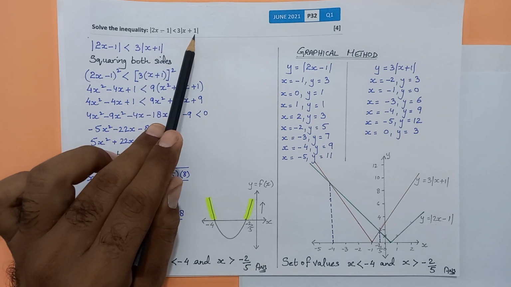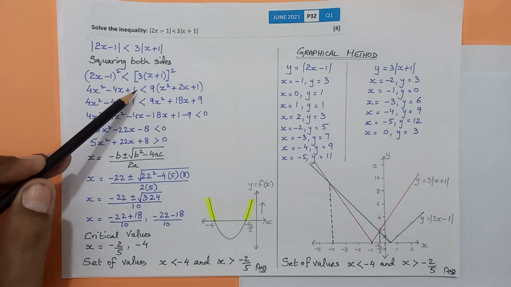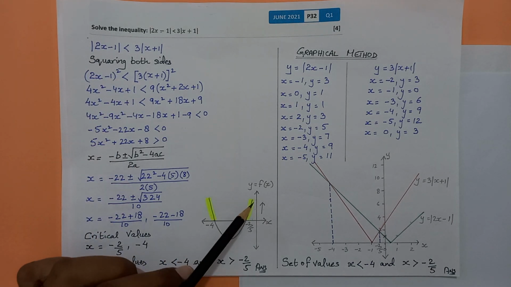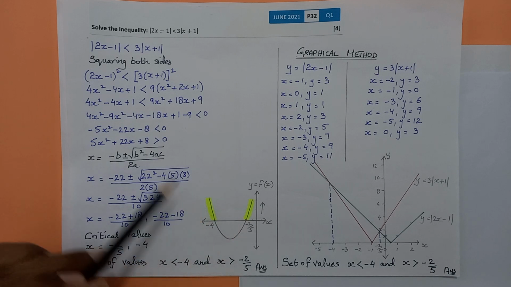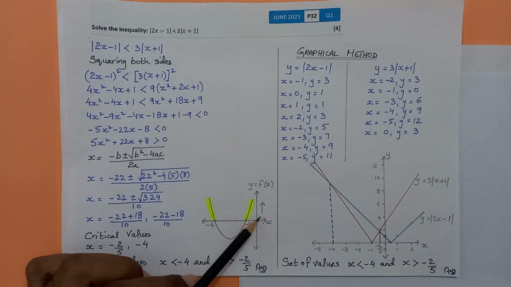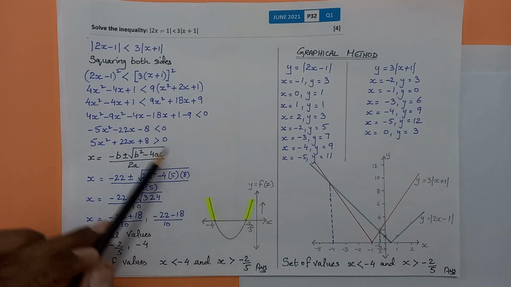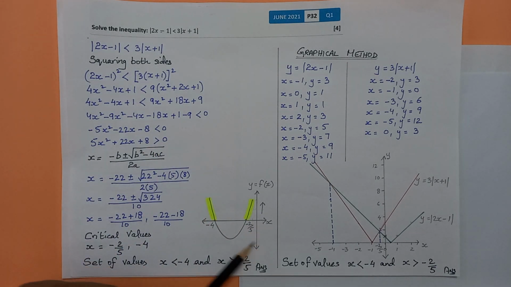When the modulus is on both sides, the process is the same: squaring, quadratic formula, getting the critical values, and by looking at the graph, if it is greater than 0, definitely y is positive, and this area would decide the set of values, and if it is less than 0, negative, then this area would decide the set of values.